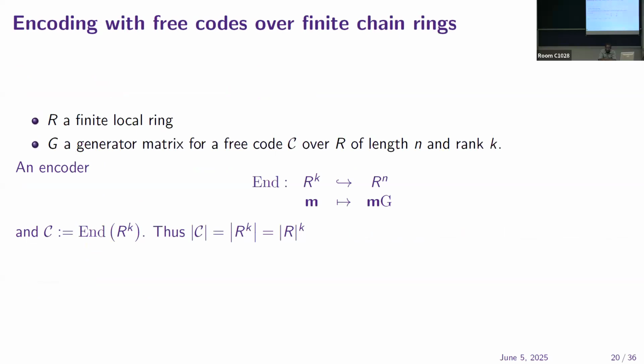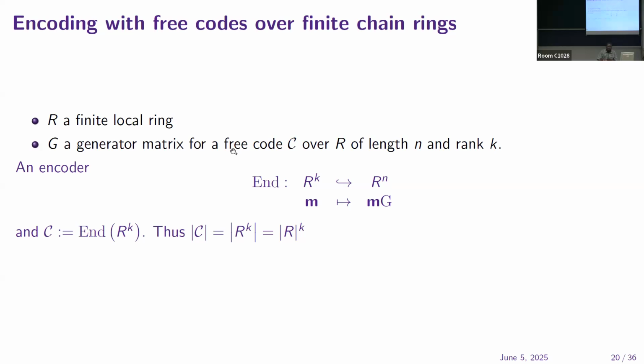Encoding of free code over a chain ring. This is true when R is any finite ring. This is true. Here R is a finite local ring, G a generator matrix of the free code.